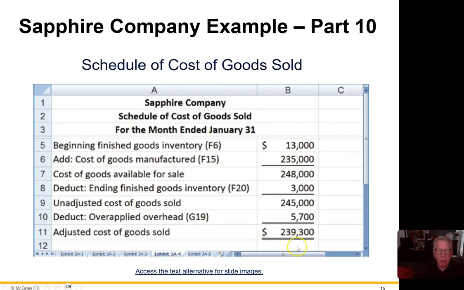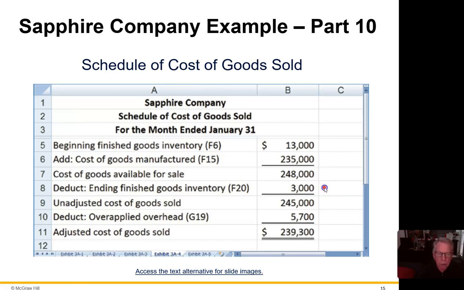Okay, so now we'll take a look at a schedule of cost of goods sold. For here, we need to go into our finished goods inventory. So our beginning finished goods inventory was $13,000. We added that $235,000 that we just calculated in the previous slide, and that gives us the cost of goods available for sale.